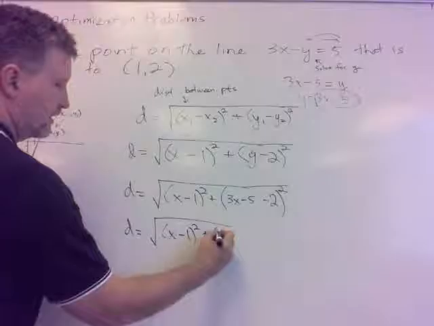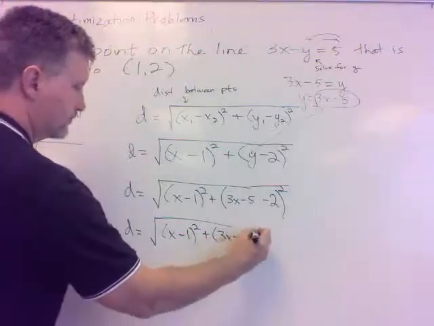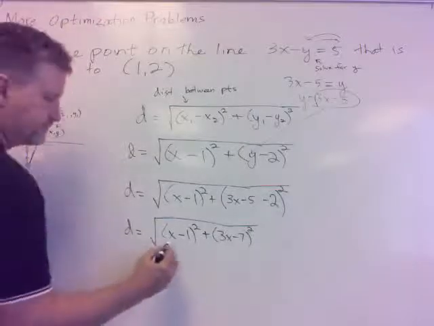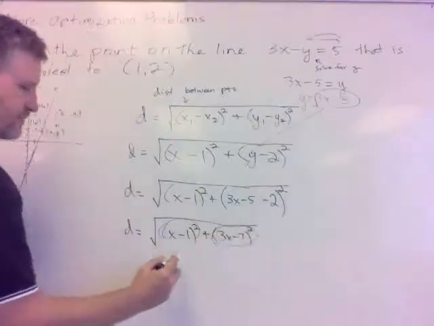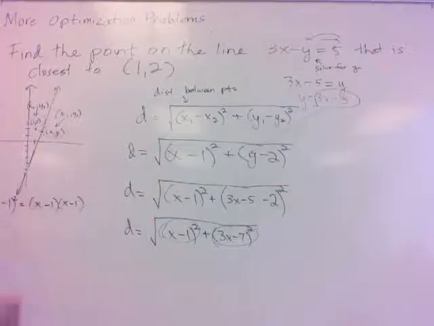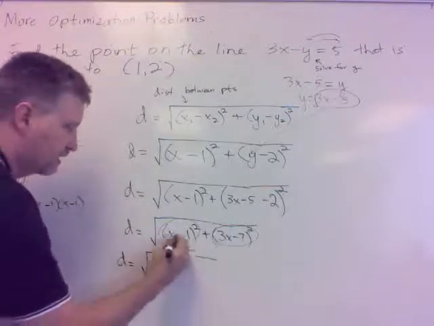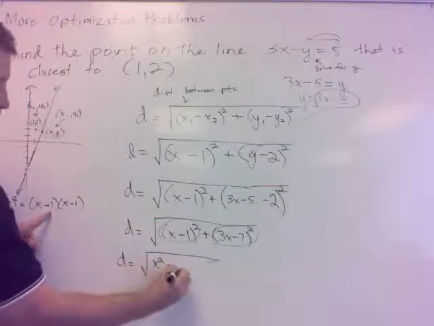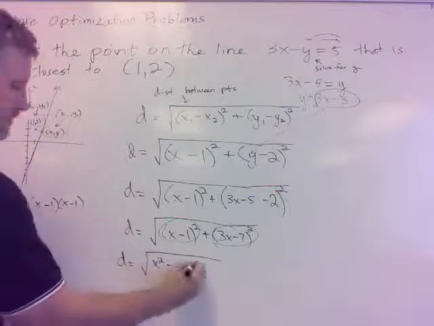So I'll end up with (x minus 1) squared plus (3x minus 7) squared. And I need to do the derivative. Now there's a couple of pointers here as to how to get the derivative of that. I would go ahead and square these two out. You know what I mean? (x minus 1) squared, or however you want to get that. Square those out. So that'll get me d equals the square root of x squared minus 1x, minus 2x, then minus 1 will be plus 1.